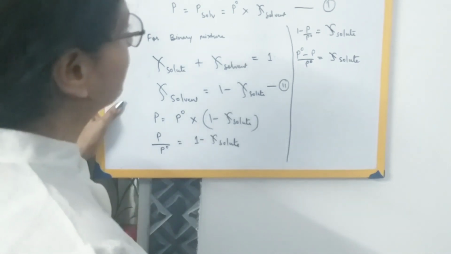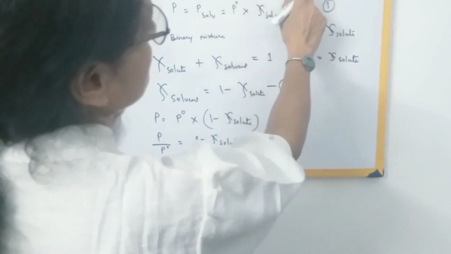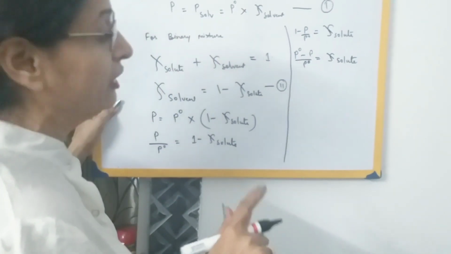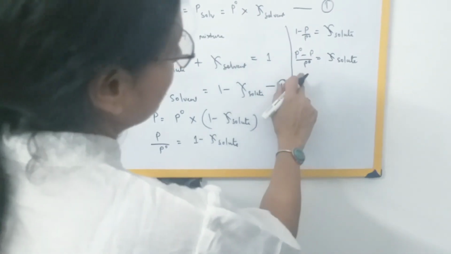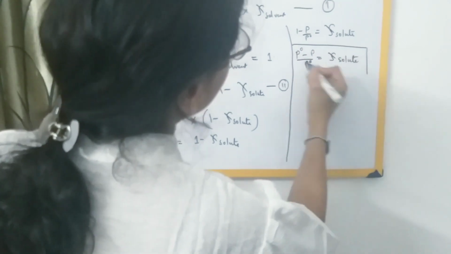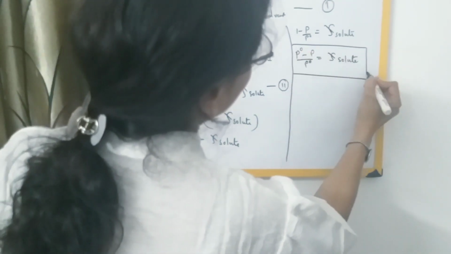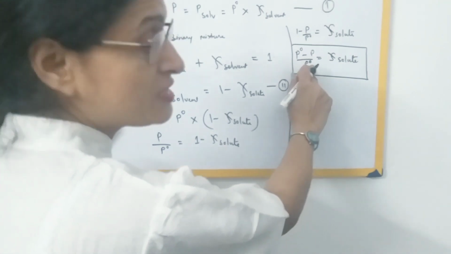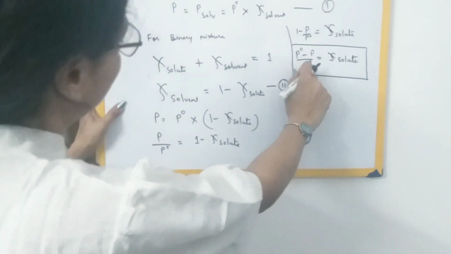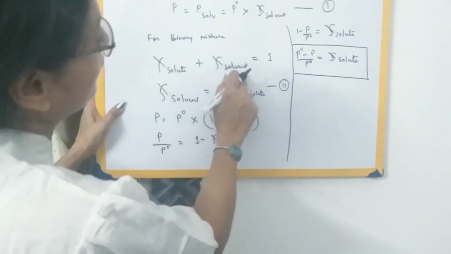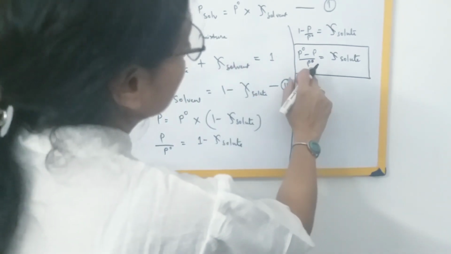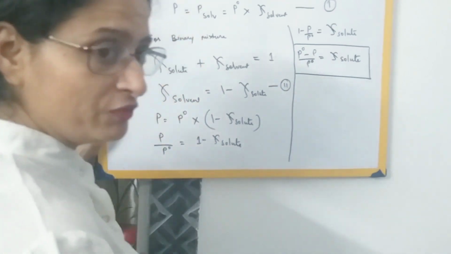I repeat once again, this is Raoult's law for solutions containing non-volatile solute and a volatile solvent. Binary mixture means containing a solute and a solvent.